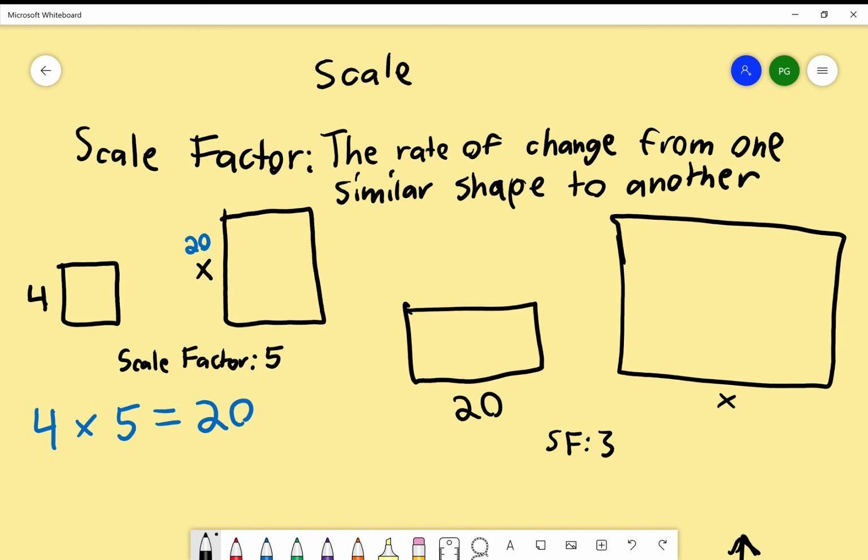If the value of the small rectangle on the bottom is 20, I'm interested in finding the corresponding value for the bigger rectangle, again on the bottom, for x, okay? Now the scale factor is telling me that I increased from my small figure to my big figure by a measure of 3. So 20 times 3 is going to be 60. X equals 60. That's how you use scale factor to find the measurement of corresponding shapes. I'm sorry, the side lengths of corresponding shapes.